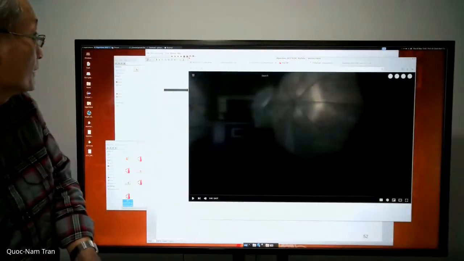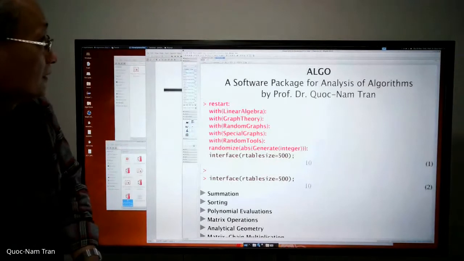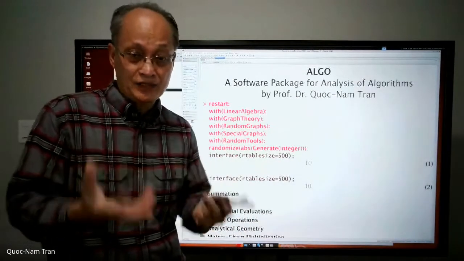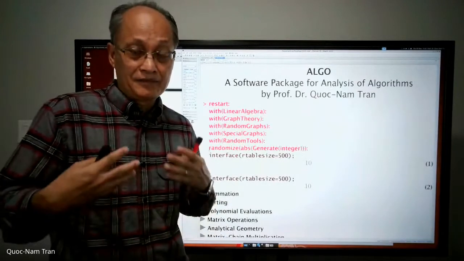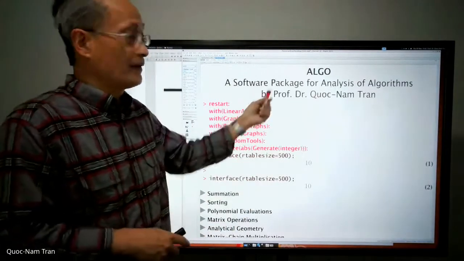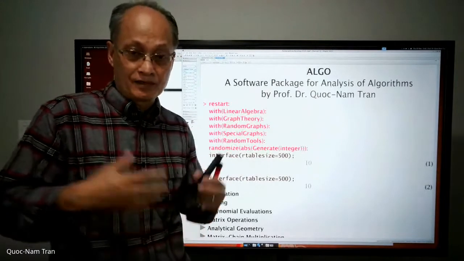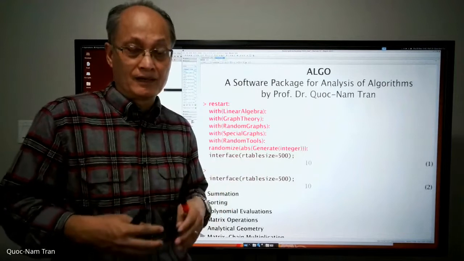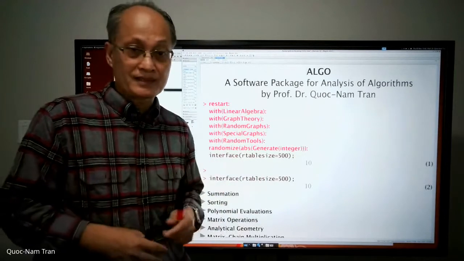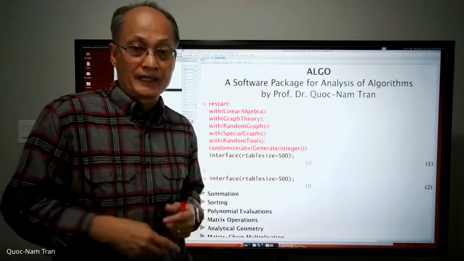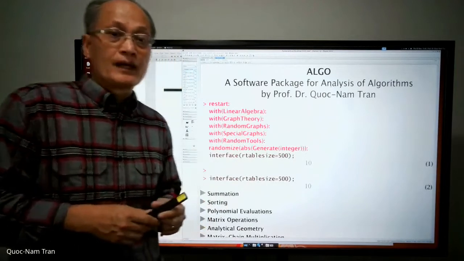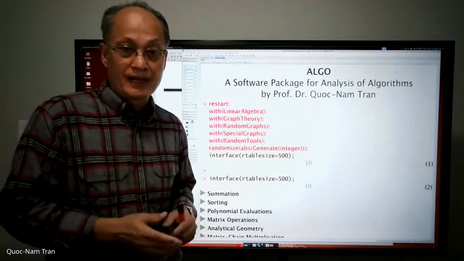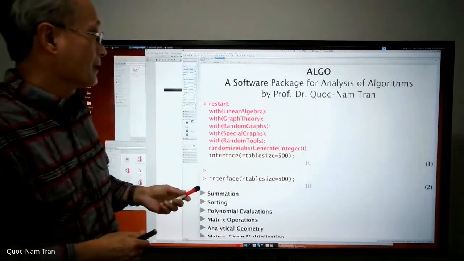Okay, let me bring this one up. All of the algorithms that I teach in the class, in fact, I implement all of them by myself. So I will be sure that all of the exercises and practices will give you the correct answer, right? And also, I will try many different ways to design better algorithms by doing it by myself.